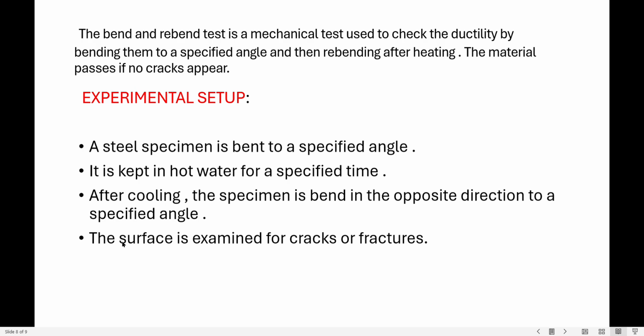After the rebending, the specimen is examined for cracks. If cracks appear, the material fails in this test. If no cracks appear, the material has good ductility and passes this test.